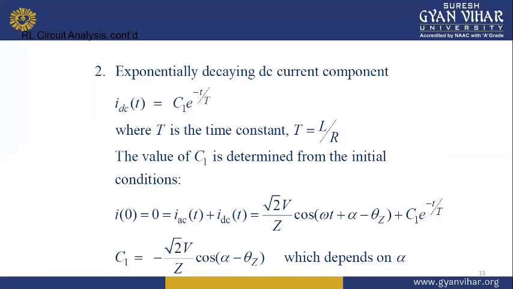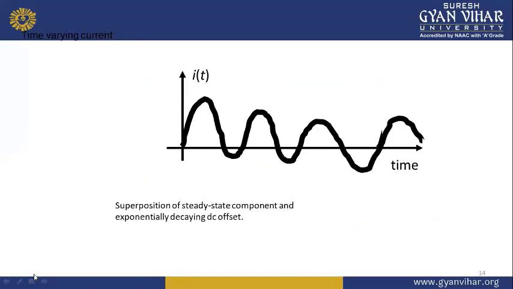Now there are two terms. Consider this one: at the starting we have some exponentially decaying component.